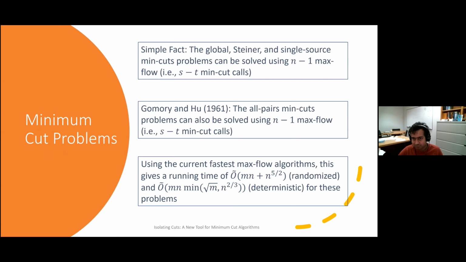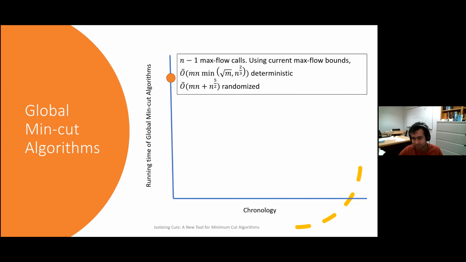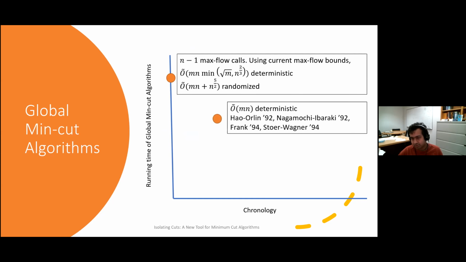But for one of these problems, we know a lot better, in particular for the global min cut problem. So here's the baseline for global min cuts. But now if we focus on deterministic algorithms, you can actually do a lot better. You can get all the way down to mn.